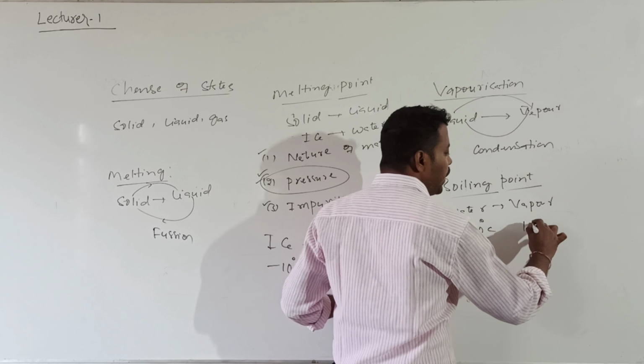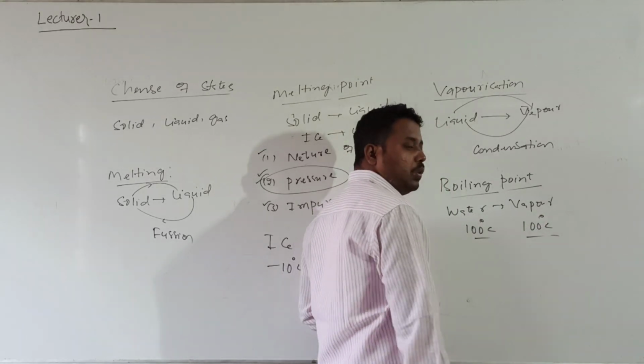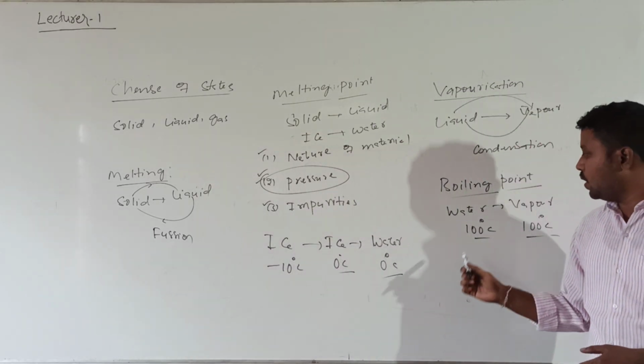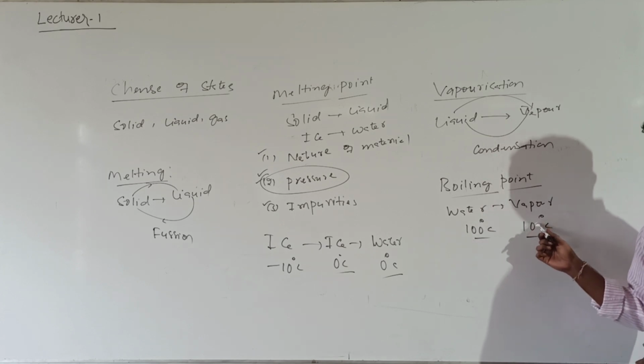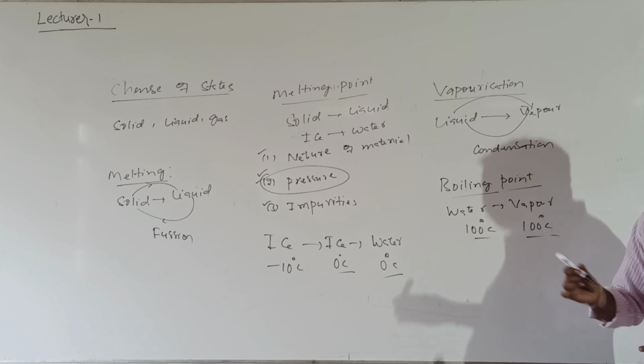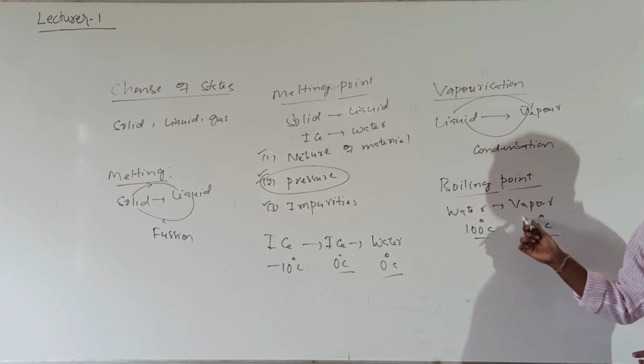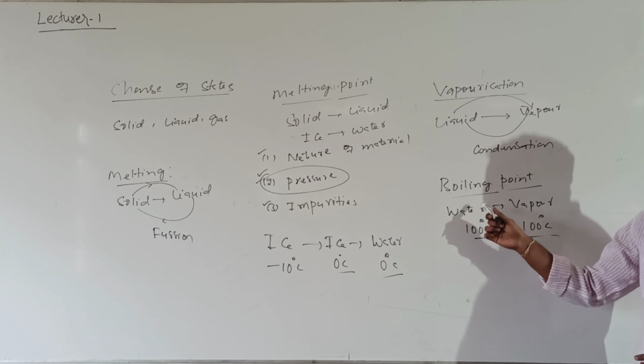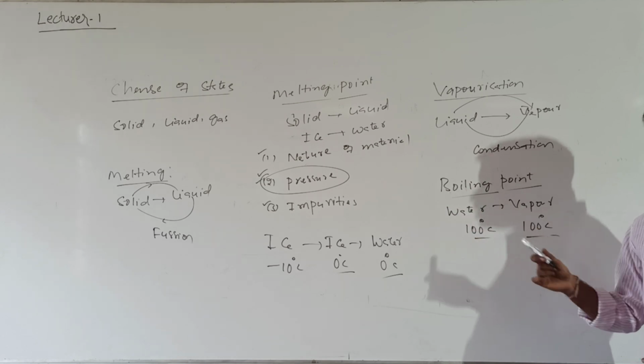Water will be converted into vapor. Before converting into vapor, the temperature of the water is 100 degrees. After conversion, the vapor temperature is also 100 degrees. So both are in thermal equilibrium. The boiling point temperature will remain constant during the change of state.